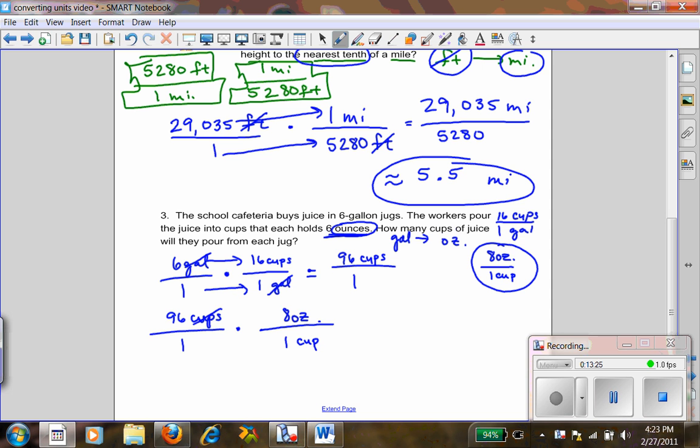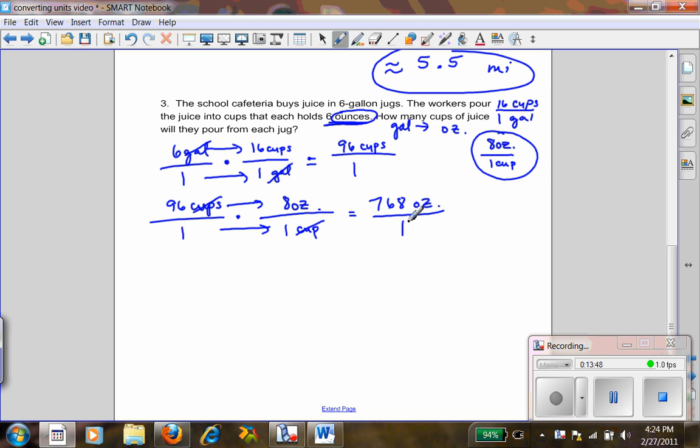Cross out cups, and then multiply straight across. So 96 times 8 is 768 ounces over 1 times 1 is 1. So I know 6 gallons is exactly the same as 768 ounces.